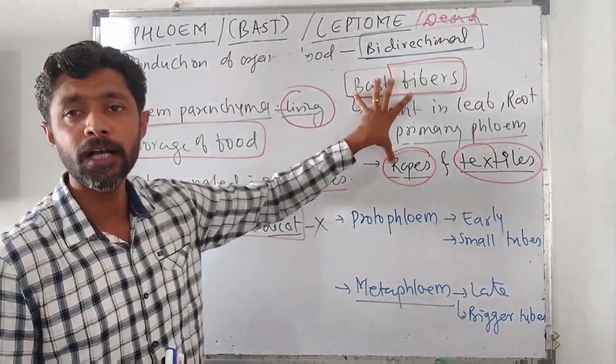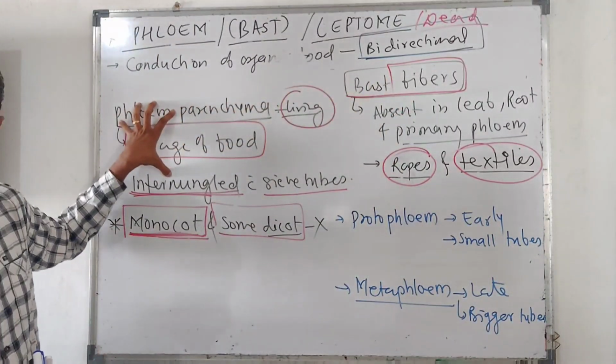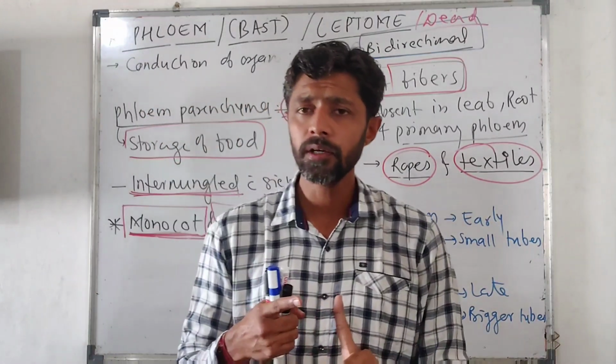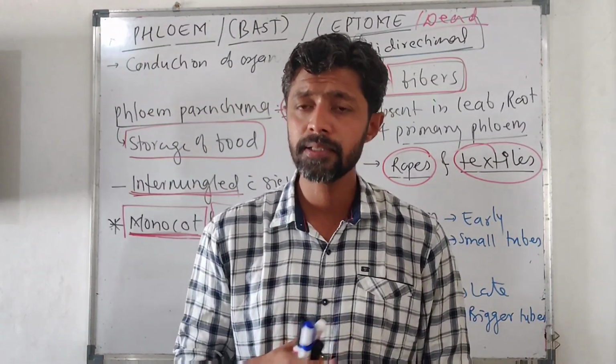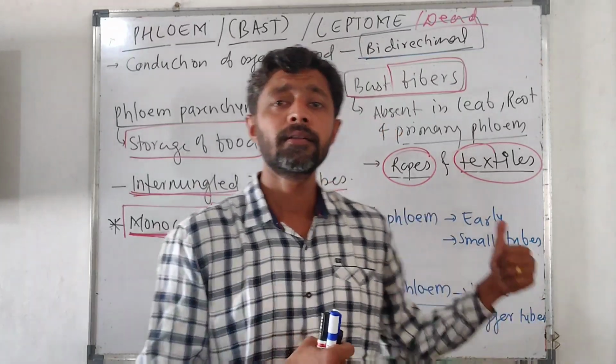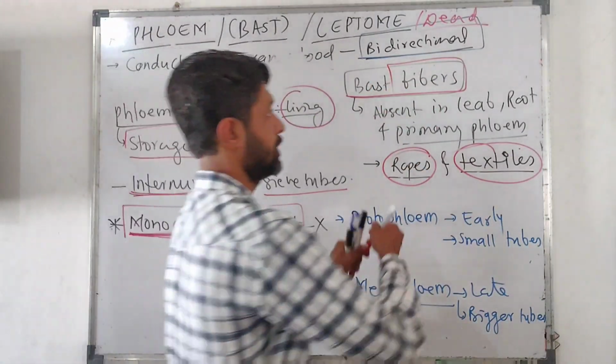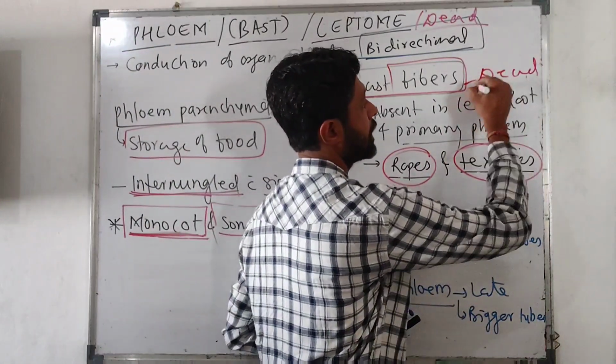So this is your bast fiber and this is your parenchyma. Overall, the components of phloem are sieve tubes or other sieve elements, then companion cell, then we have considered phloem parenchyma and bast fiber. Bast fibers are dead, as sclerenchyma is a dead tissue.